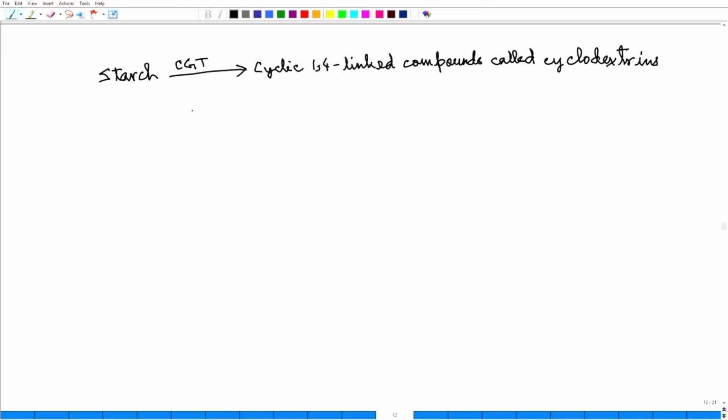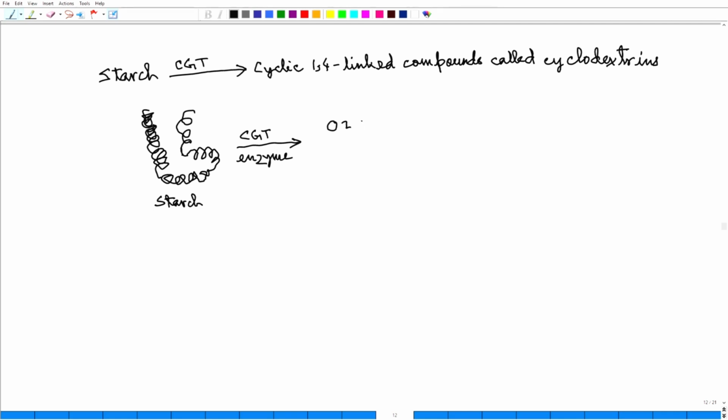So, let us show it this way. What I have done here is a starch polymer, and to this starch we apply CGT enzyme, and you get a cyclic compound, some linear, cyclic compound, linear, again cyclic.